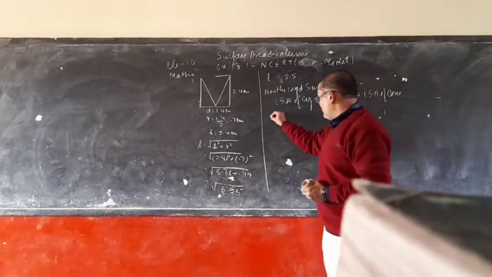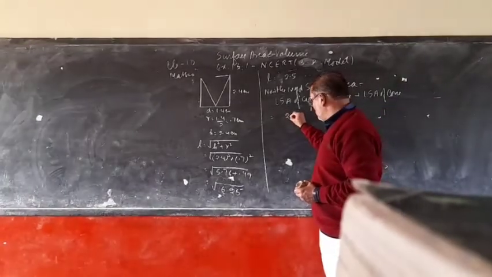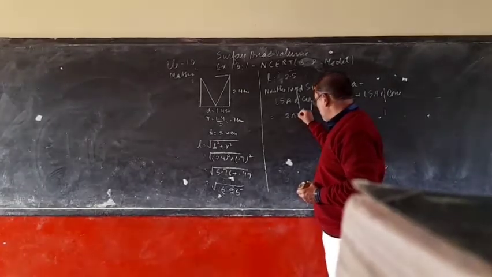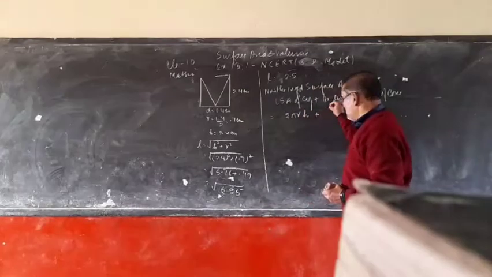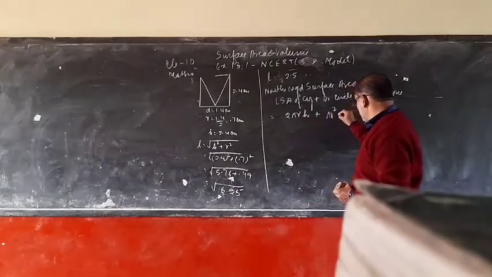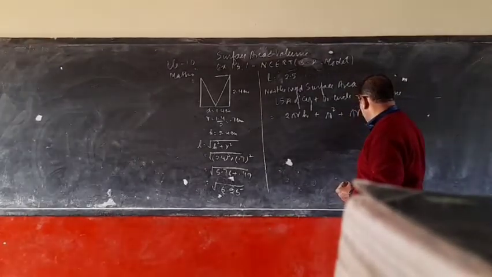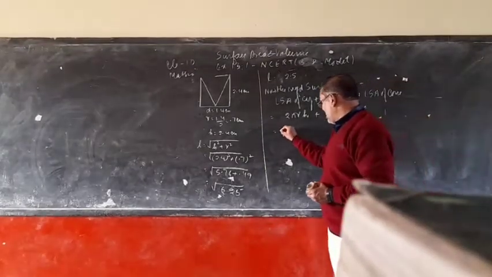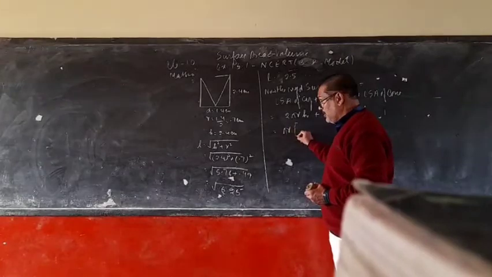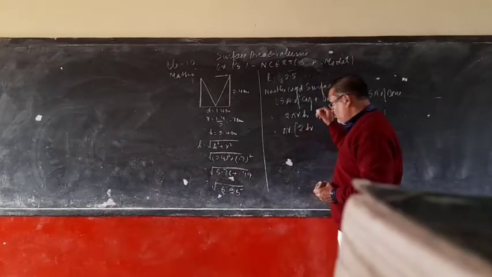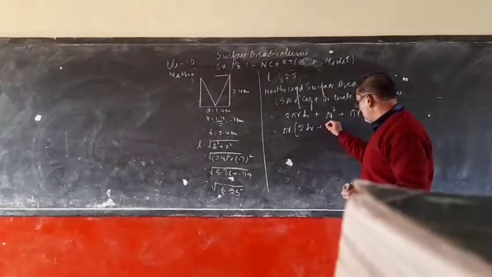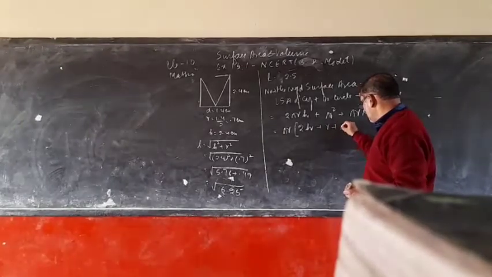So lateral surface area of cylinder is equal to 2 pi r h. Area of circle is equal to pi r square, and then the cone is pi r l. Then here we can take pi r as common, that is equal to pi r times 2h plus r plus l.